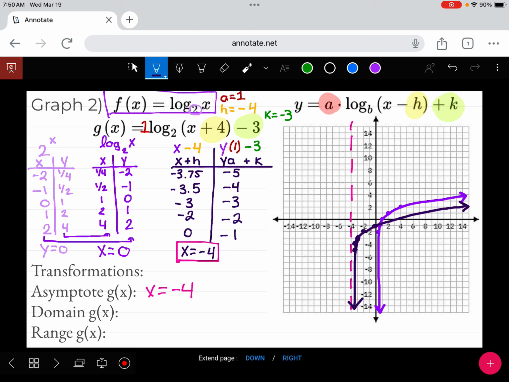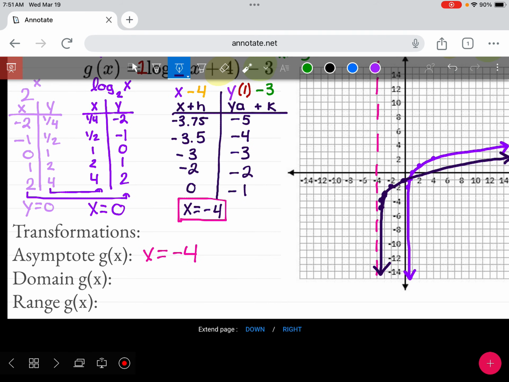Okay. Questions on that part? Last bit on this question. What is our domain of the dark purple one? What's the smallest it goes? What's the biggest it goes? The -4.